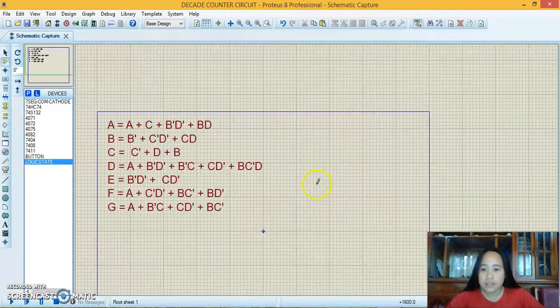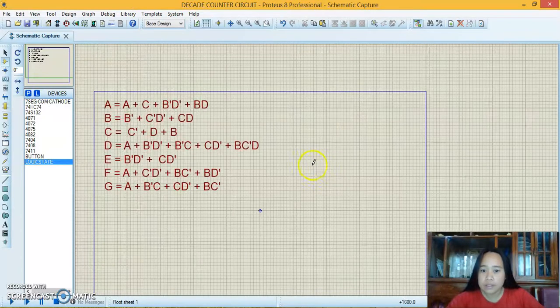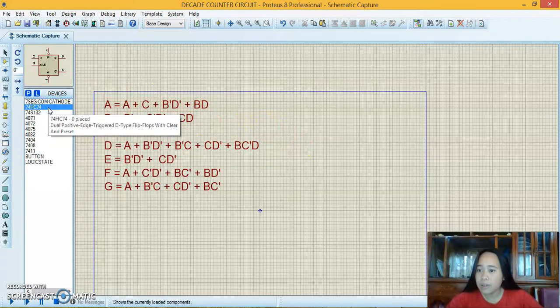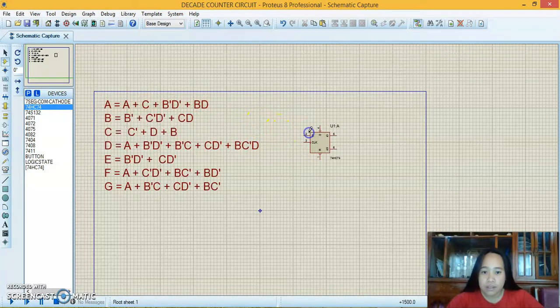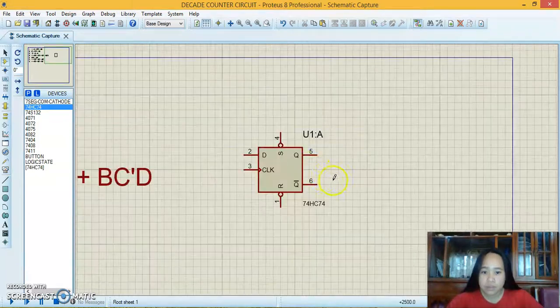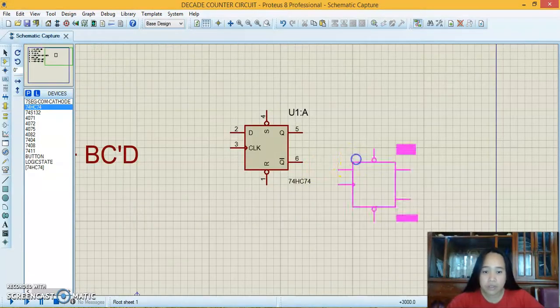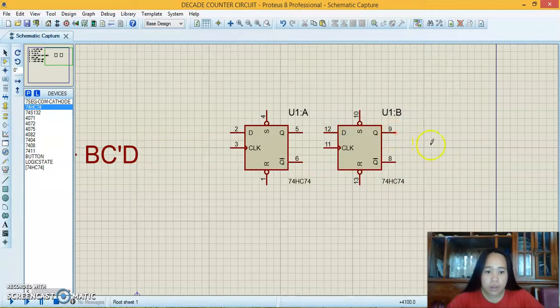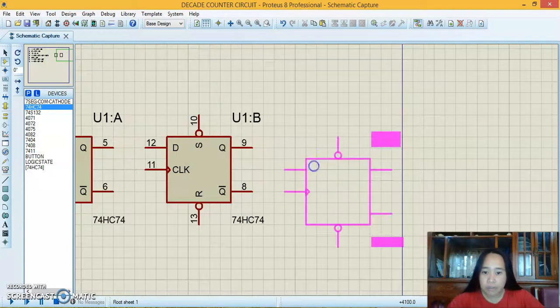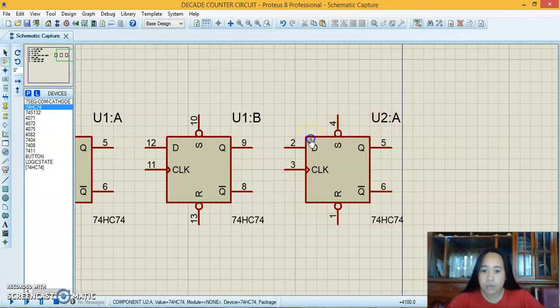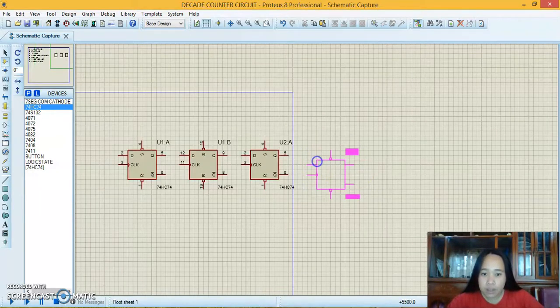The first thing that I will make is the flip-flop circuit. So we will use the flip-flop. Let us make the flip-flop circuit. We're going to have 4 flip-flops because we have 4 inputs.